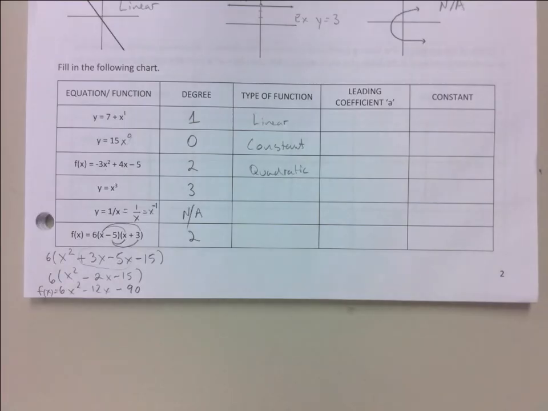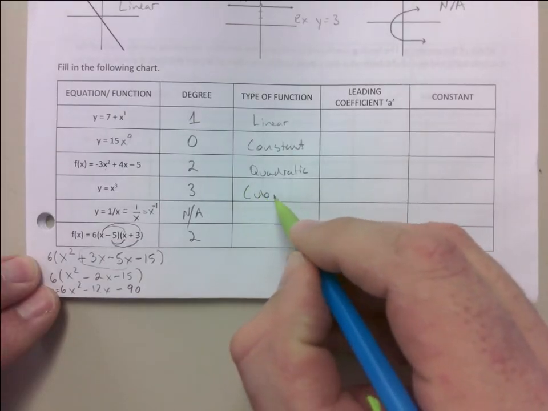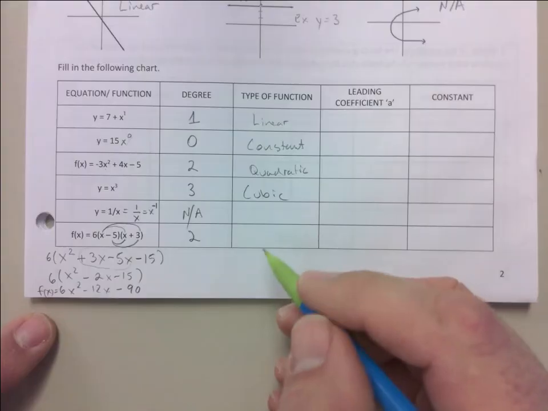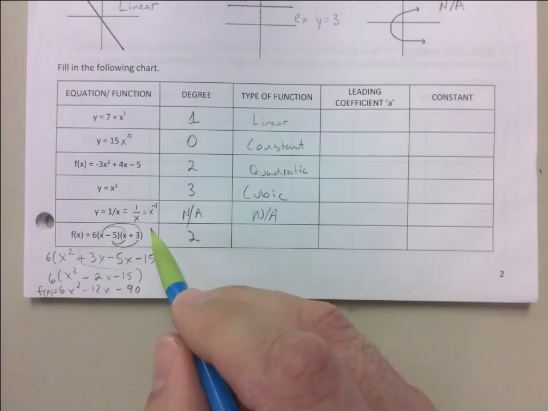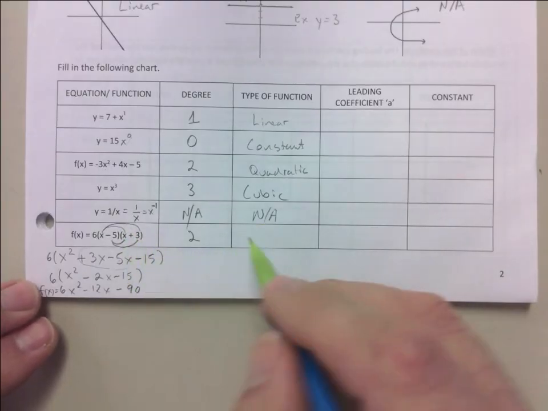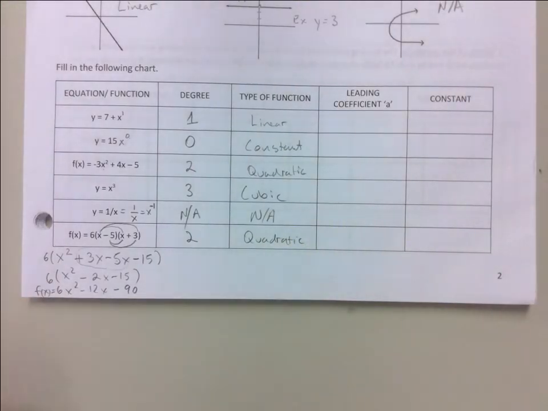Cubic. Yeah, cubic. I know you knew it. If not, you ask ChatGPT. We'll just go NA. It's called an inverse, this one, but you're not going to see that one, not if you stay in applied. So we're just going to leave that.